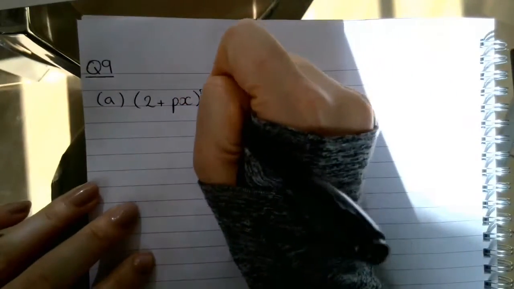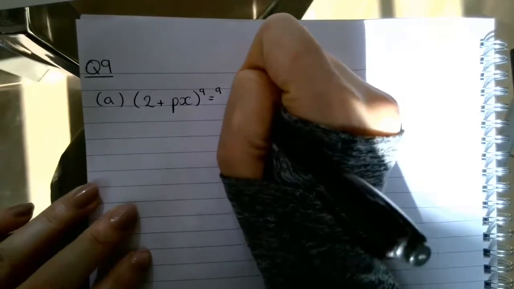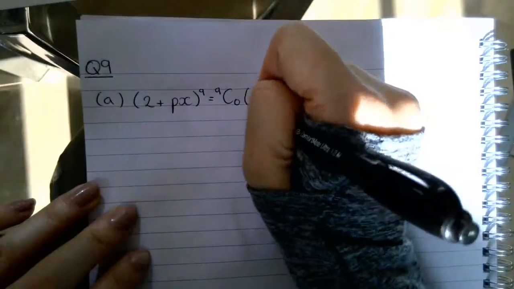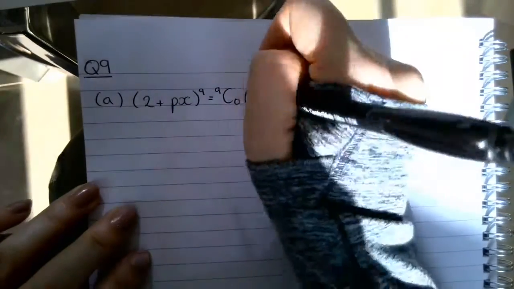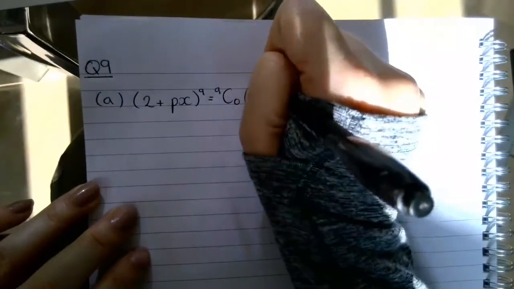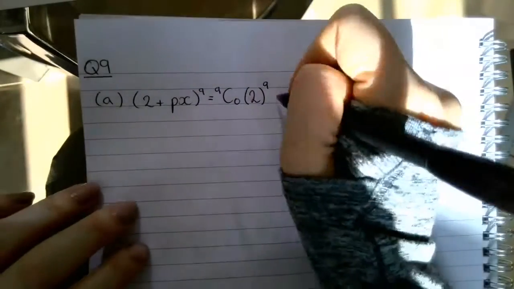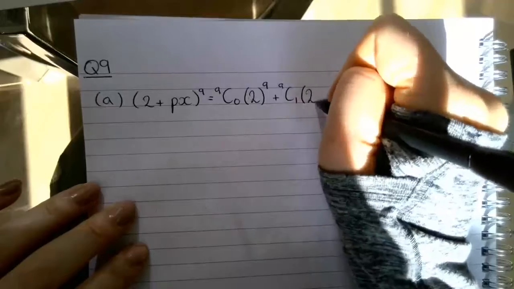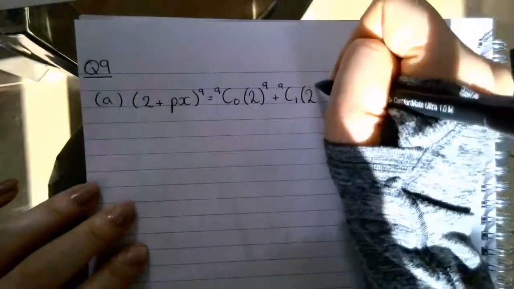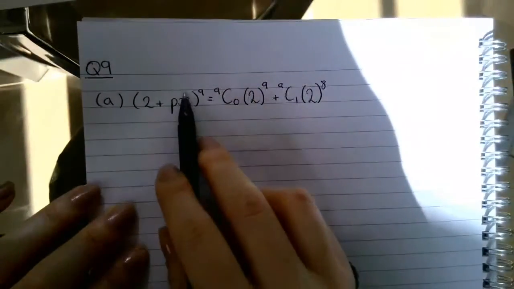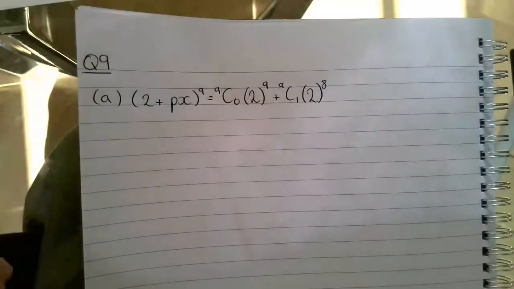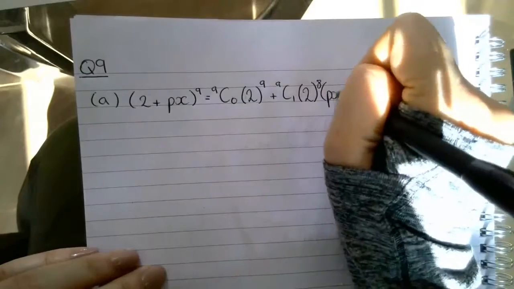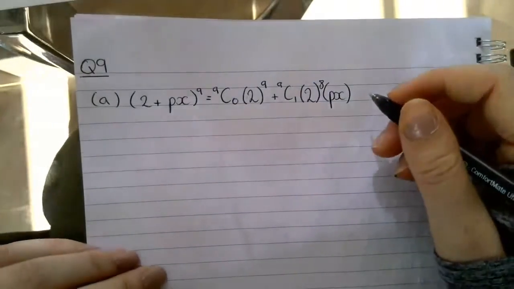So this is equal to 9 choose 0, and our first term, our a term, which is 2 to the power of 9, and then we add 9 choose 1, our first term, 2, is now to the power of 8, and our second term, which is px, not just p and not just x, the whole term, px to the power of 1.